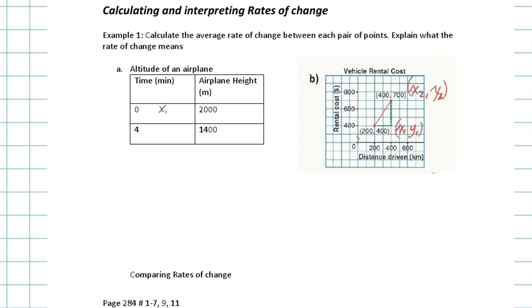This is x, this is y. This is your first point, so this would be x1, y1, x2 and y2. So your slope is y2 minus y1 over x2 minus x1. Make it into a song.